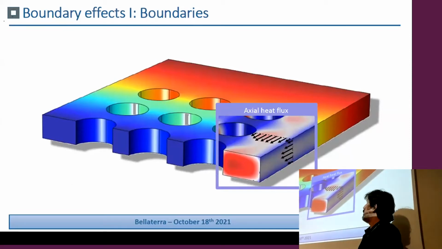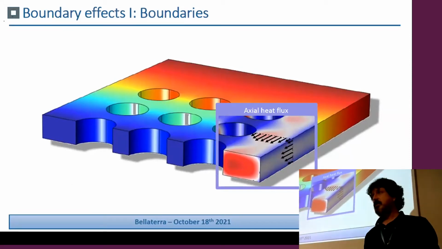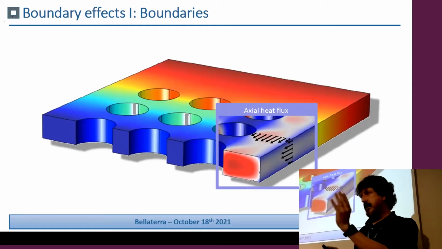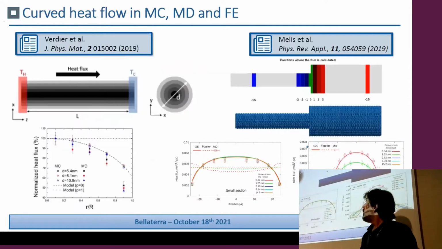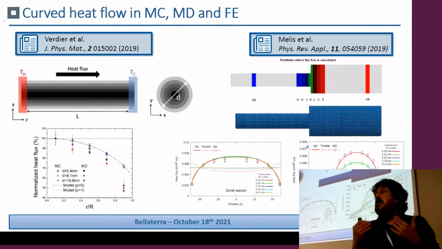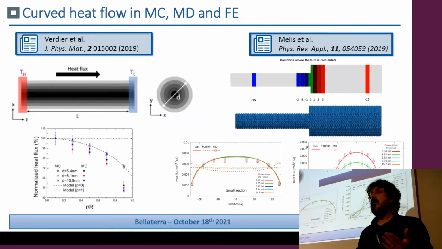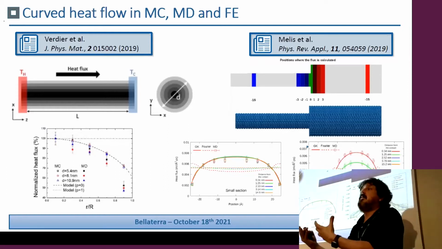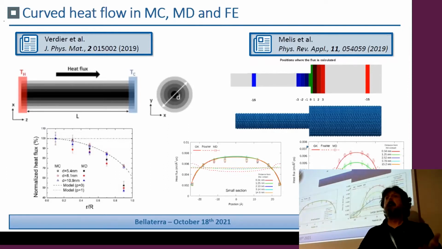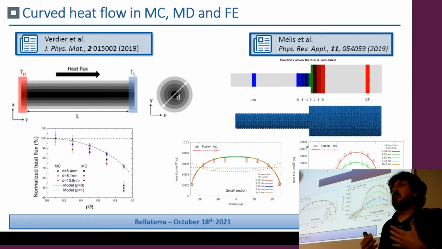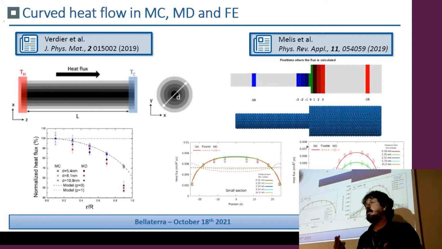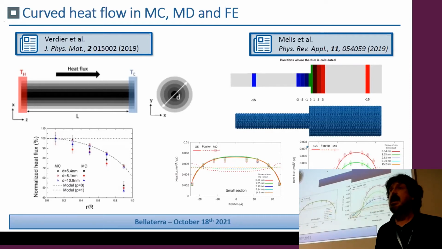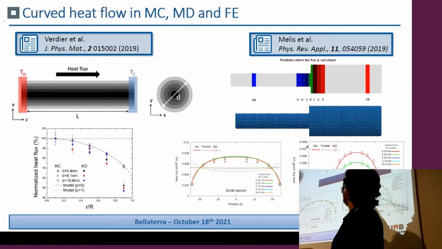This is the heat flux that you achieve. The heat flux is reduced at the boundaries and gets larger in the center. You could say you don't have any evidence of this heat flux profile, since you only have the effective thermal conductivity in the experiments. But you can do molecular dynamics to see if the hypothesis is wrong.